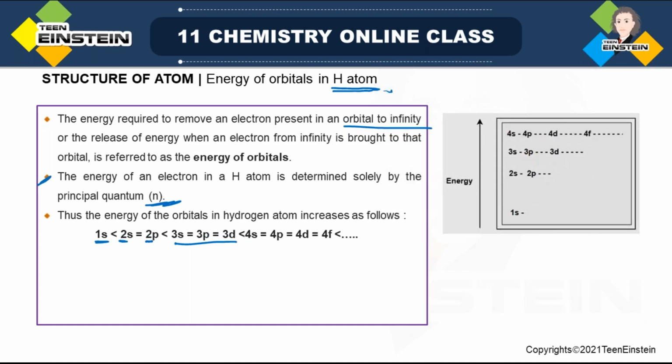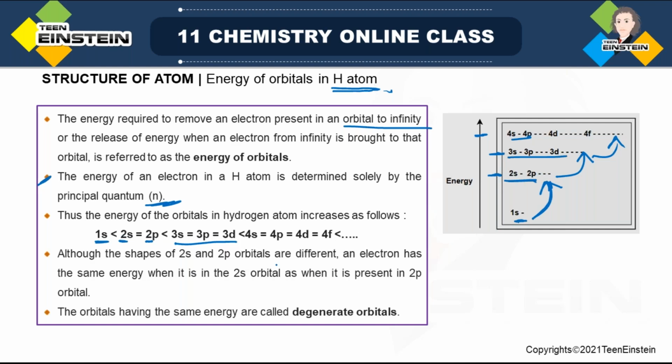Now if you look at the picture, you can compare with this. 1s has the minimum energy, then 2s and 2p have the same value of energy, these three have the same value, these four the same. But it is increasing as you move from 1 to 2 to 3 to 4. Within the same principal quantum number, it is the same.